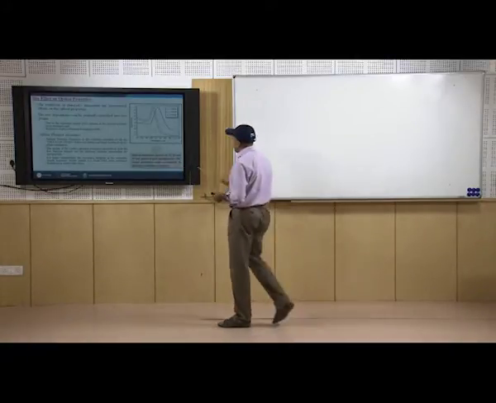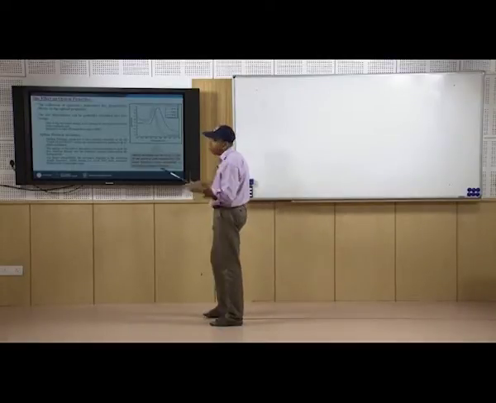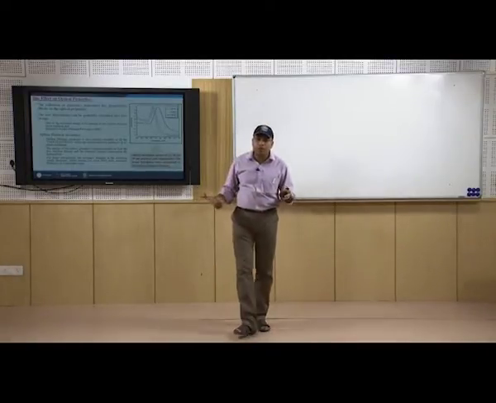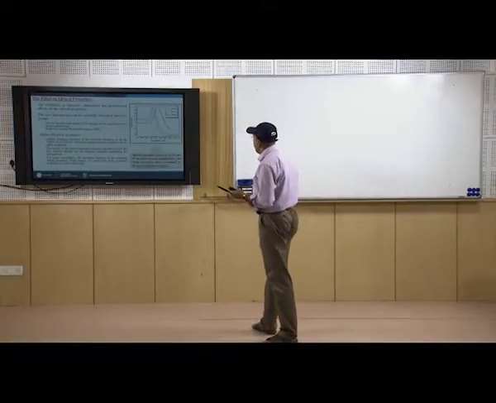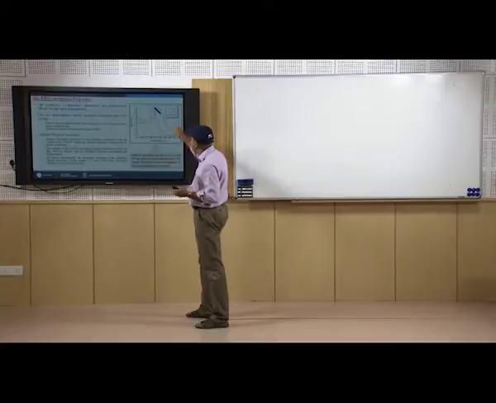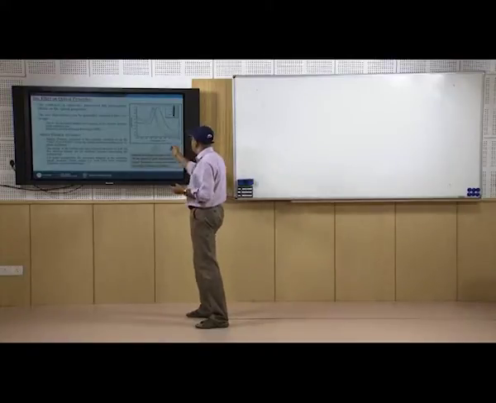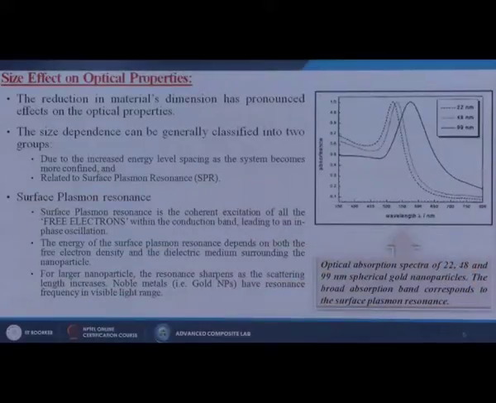So, in this particular case we are showing how the particle size is changing, and how its absorption properties in terms of wavelength are also changing. When we are talking about 22 nanometers, the graph looks like this. When we change it up to 48 nanometers, and then to 99 nanometers, the wavelength is totally shifting to the right-hand side.